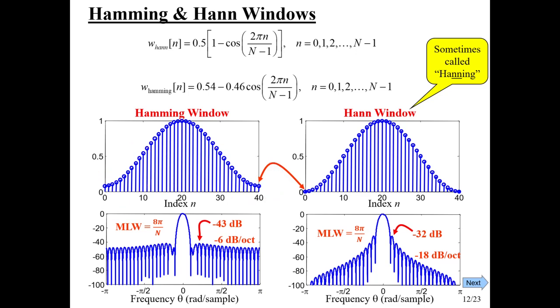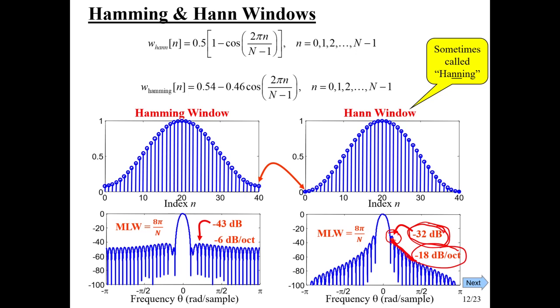Let's look first at Hann. Hann was first, and we have a 32 dB down instead of 13 dB down. Remember the rectangular window, the first side lobe was at only 13 dB down, and now we're 32 dB down, and it drops off rapidly. Drops off minus 18 dB per octave.